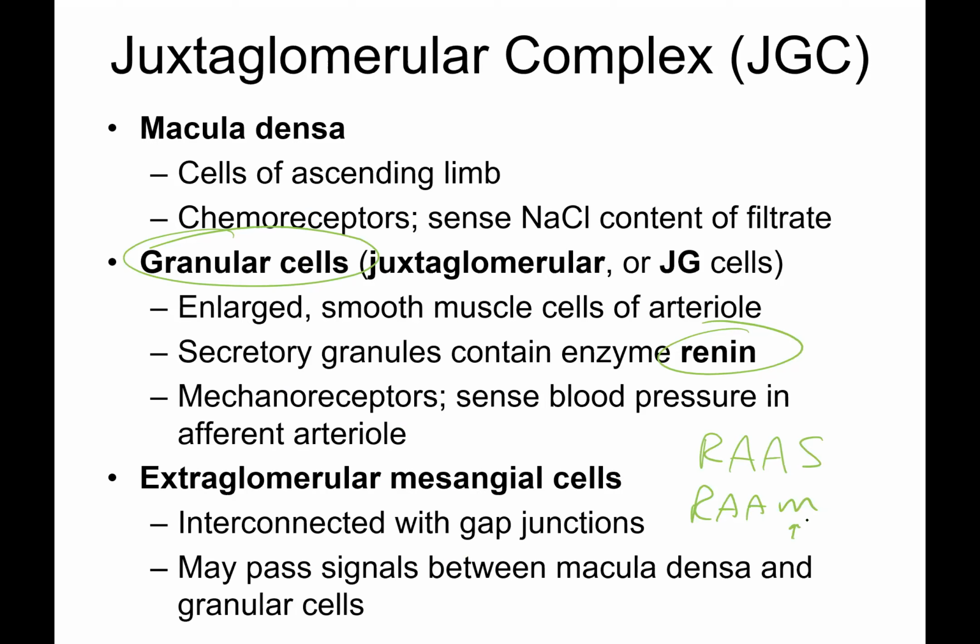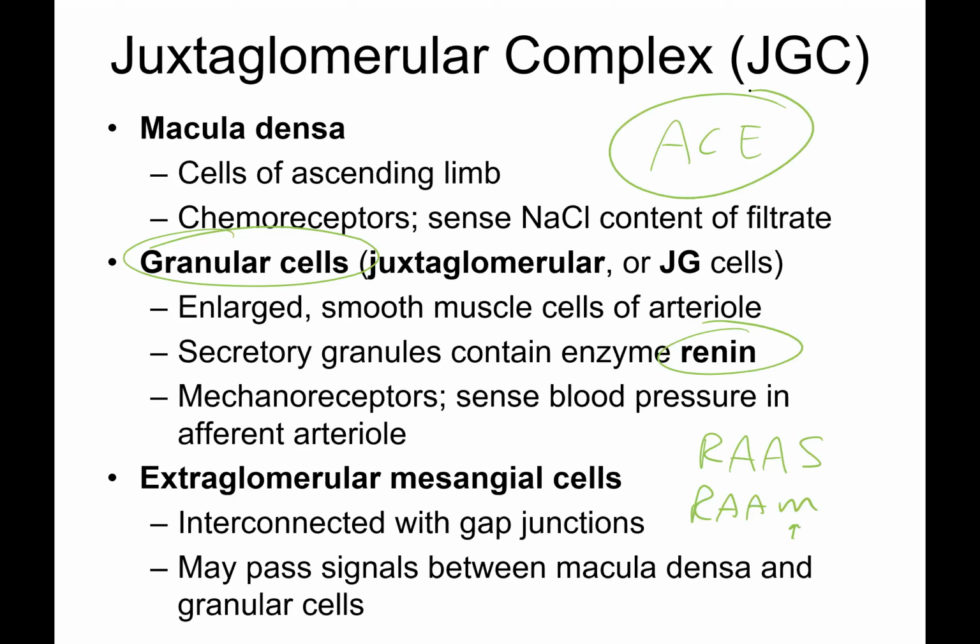Okay, so there's a lot of organs. You even have the lungs involved, right? The lungs release your ACE, angiotensin converting enzyme. So kidneys, lungs, liver, adrenal glands. A lot of cool things as far as organs that are involved in that whole RAAS system.